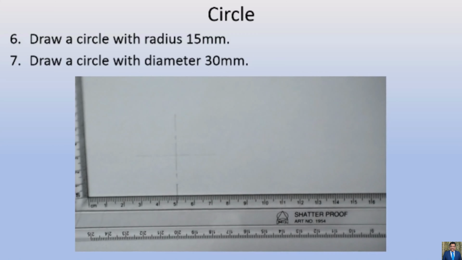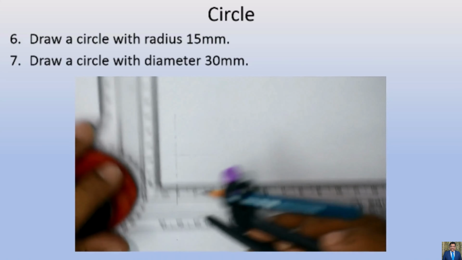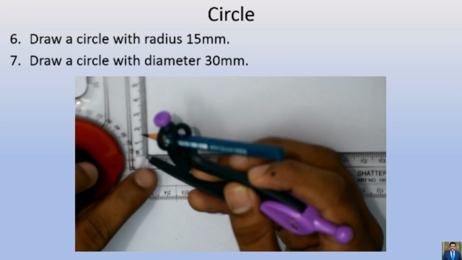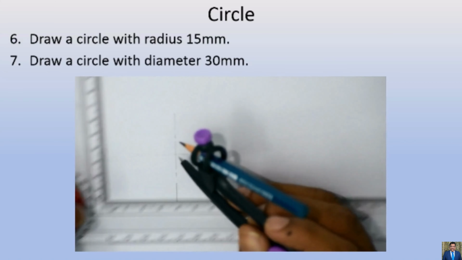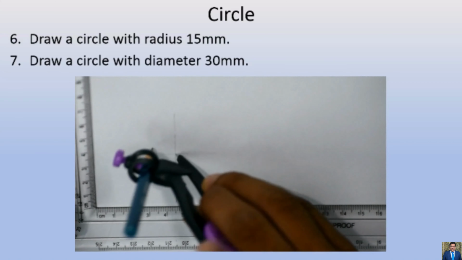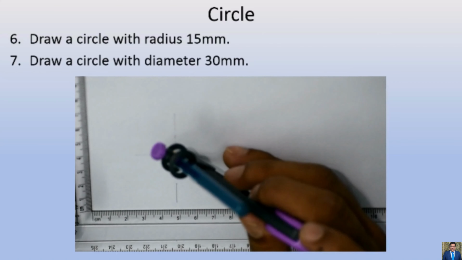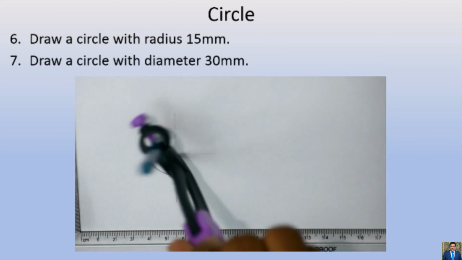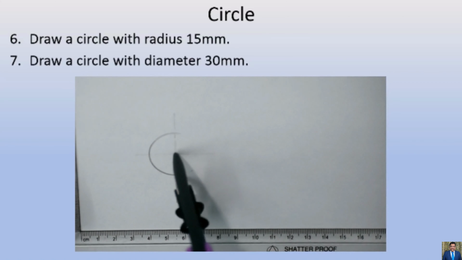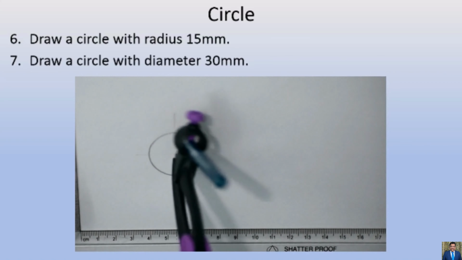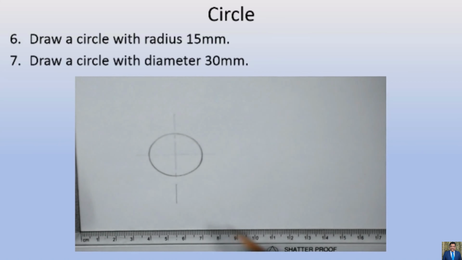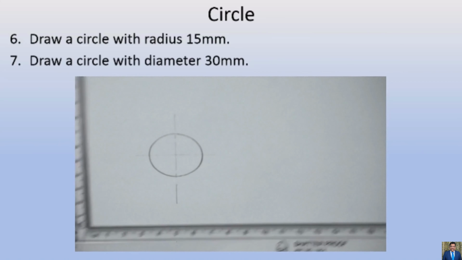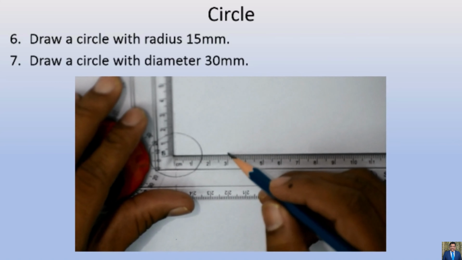So first I will measure the radius of 15 mm. 15 mm means 1.5 centimeter, so in between 1 and 2 I have measured the radius. You observe that the distance between the nib of the compass and the pencil nib is the radius. So this is a circle of 15 mm radius.